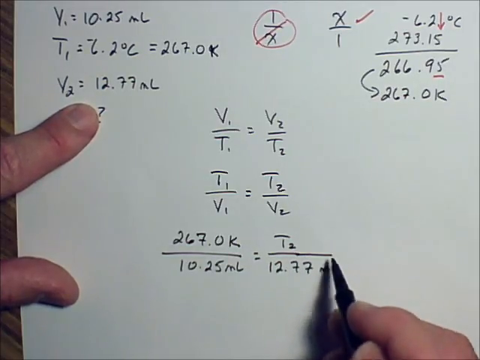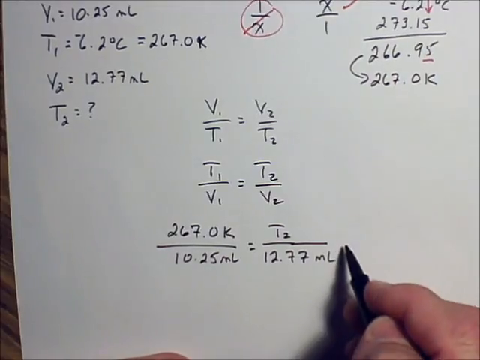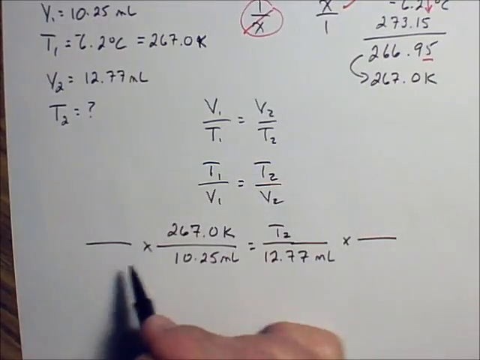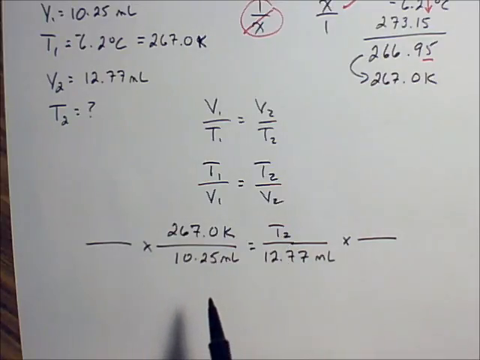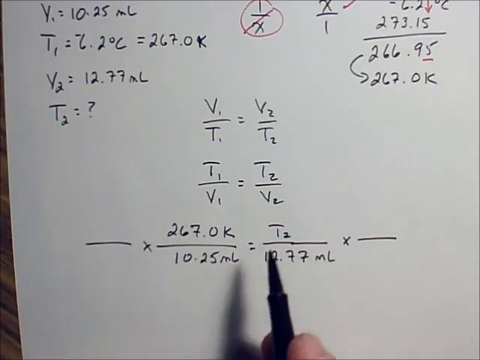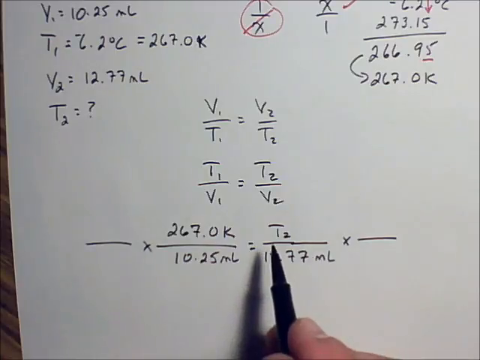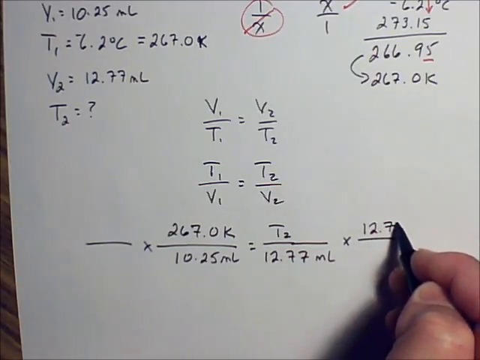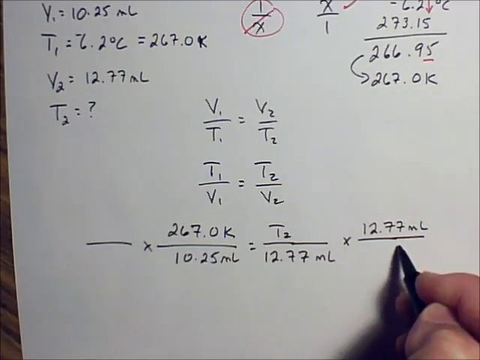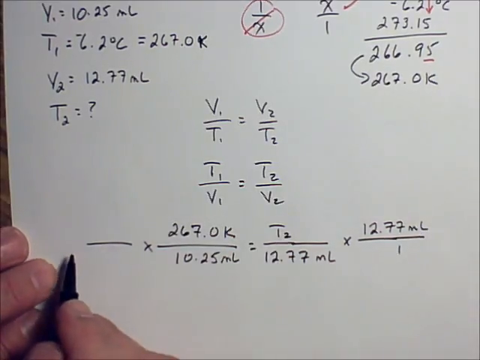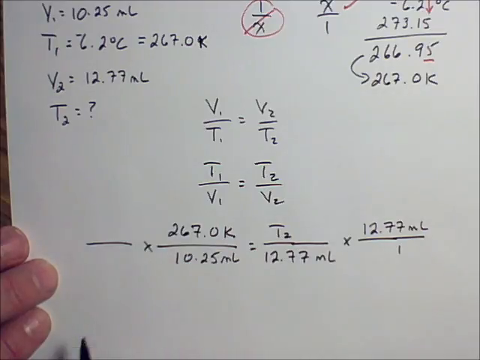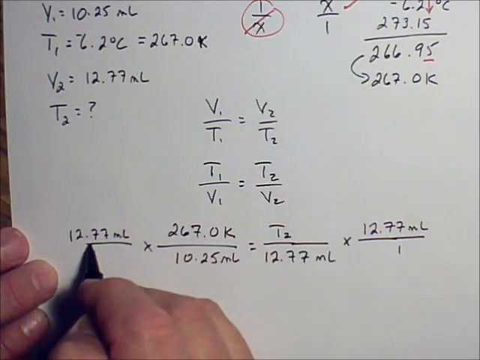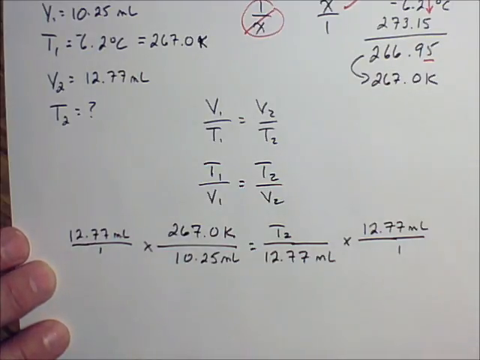All right? And then we want to multiply something on both sides that will get that T2 by itself. We're trying to isolate the unknown. What we can do to get T2 by itself is multiply this side by 12.77 milliliters, which I have to do to both sides because what you do to one side, you have to do to the other. 12.77 milliliters over 1.